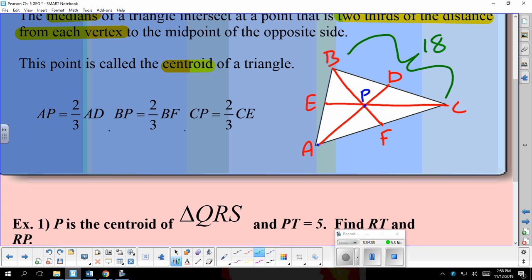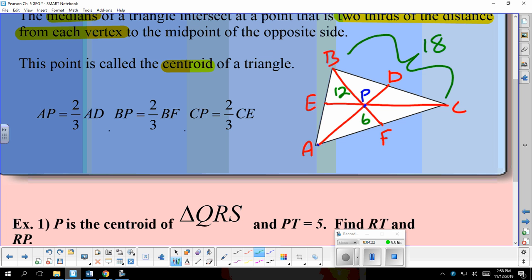So 18 divided by 3, that's going to be 6 right there. And then twice 6 is 12. The whole thing adds to 18. So those are the 3 types of problems. If you get the short segment from the side to the centroid, or the long segment from the centroid to the vertex, or the entire segment, you can solve for all of those parts.